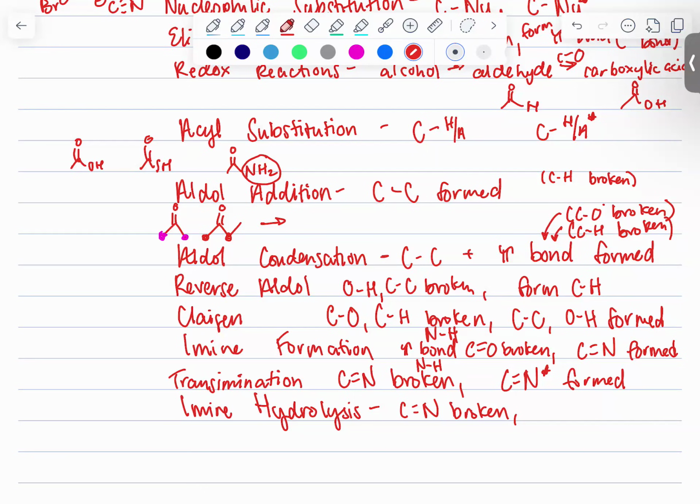And then minor bonds would be most of your protons moving around. Those are all the reactions that we have in class.